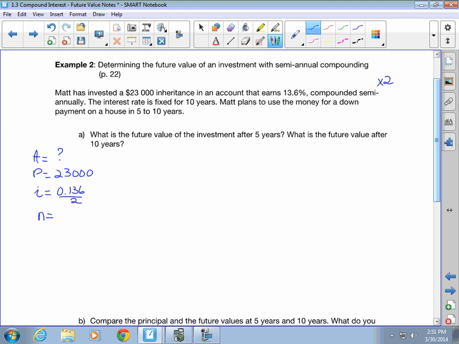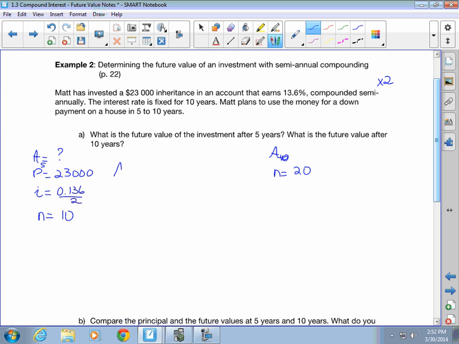If it's 5 years, twice a year, that would be 10. So this is for the 5-year investment. And if we're doing this exact same thing for the 10, I'll do it over here, our principal would be the same, our interest rate would be the same, but our number of compounding periods would be 20 instead of 10.